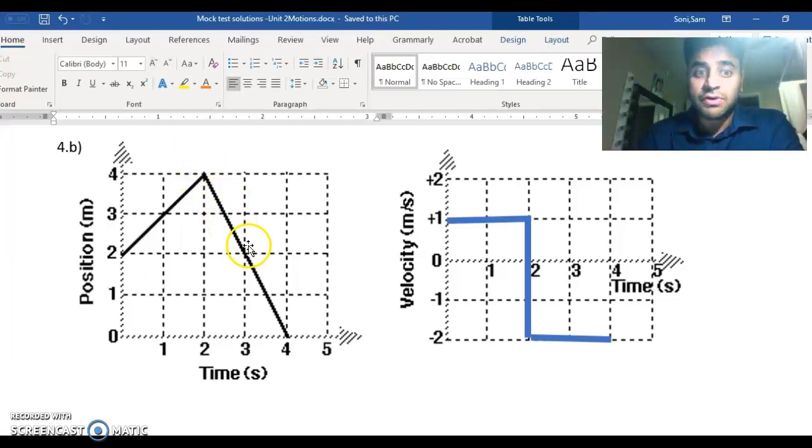So the velocity will be negative 2 divided by 1, which is negative 2 meters per second. So after 2 seconds, your body will start at a velocity of negative 2 meters per second, and it continues until t is equal to 4, as simple as that.